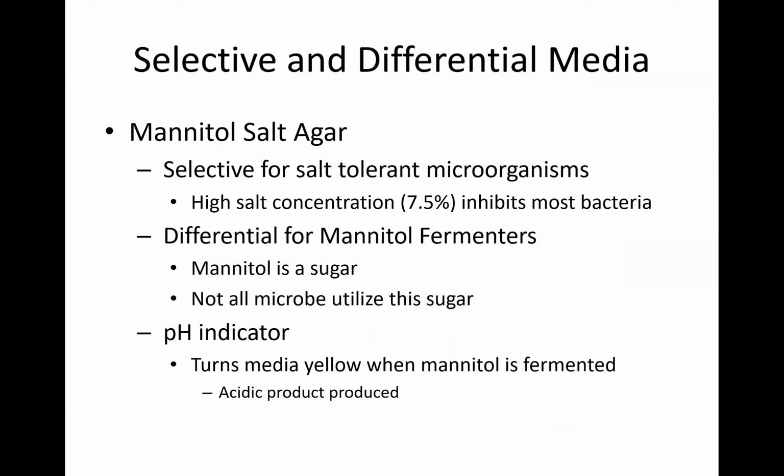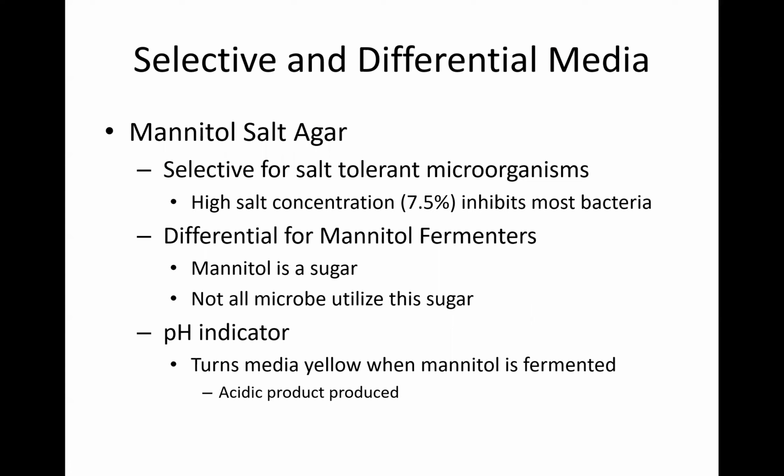So when we talk about the mannitol salt agar plates, this is selective for organisms that can handle high salt tolerance. So for instance, a Staphylococcus species can actually grow very well in a mannitol salt agar plate. Usually high salt concentrations will inhibit most bacteria, so a lot of things won't be able to grow.